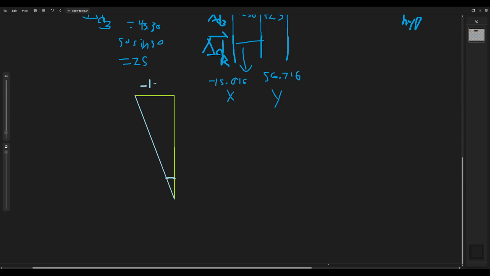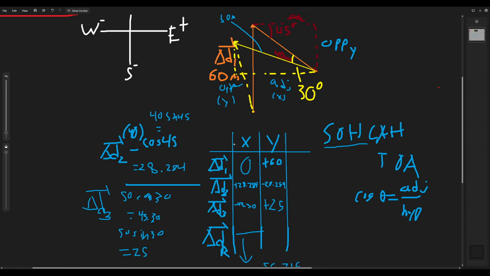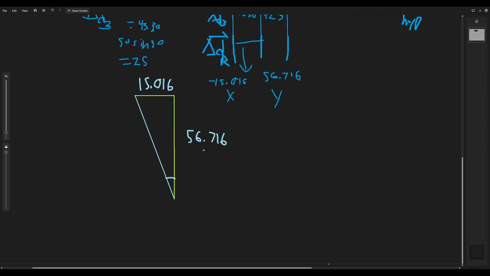Actually, you don't need to write the negative in this case because magnitude doesn't care about direction. 56.716. This would be our adjacent because it's touching the angle, and this would be our opposite because it is not touching the angle.